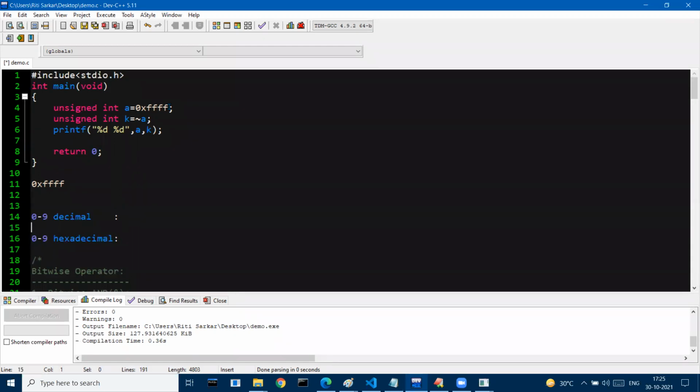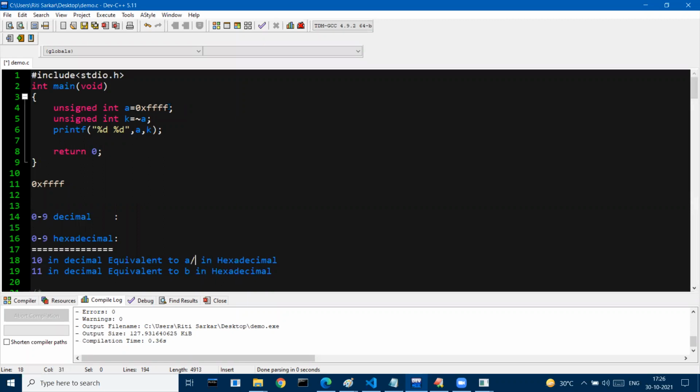But 10 in decimal is equivalent to small a in hexadecimal. 11 in decimal is equivalent to small b in hexadecimal.